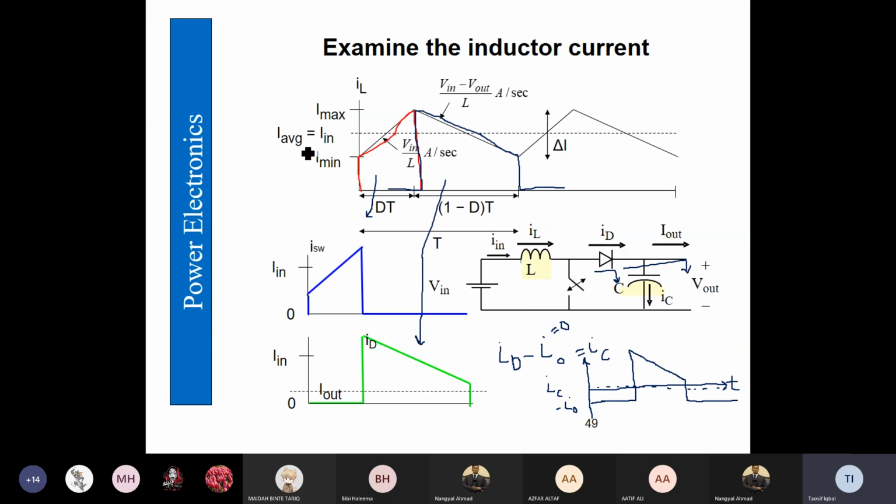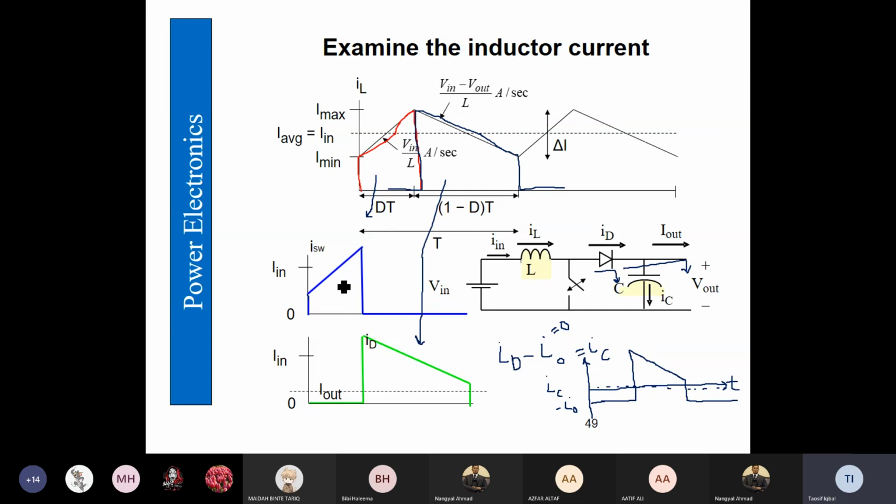So now let's look at the inductor current with respect to the switch current and diode current. The red color shows when the switch is on and the inductor is getting charged. So this current waveform like this is for the switch.